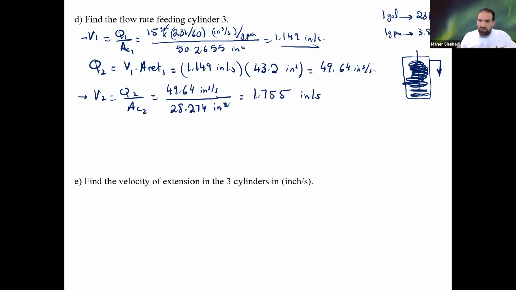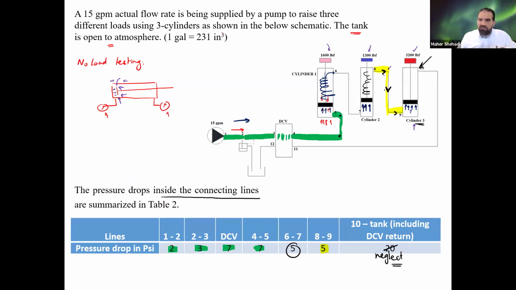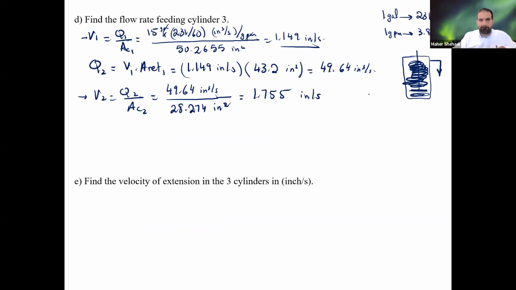And the same way, now I can calculate Q3, the Q that feeds cylinder 3. It's the same speed here, but times the retract area for piston 2, which is 25.1532. So for Q3, they ask for the flow rate only, and then they're going to ask for the velocity. So we have space here.